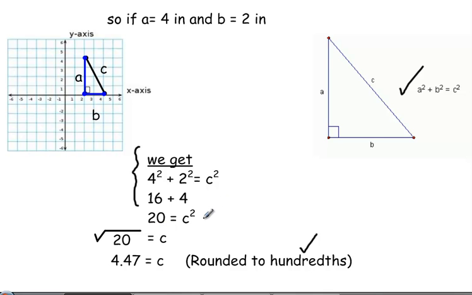So I wind up with C squared is equal to 20. When I take the square root of both sides of this equation, C is the square root of 20, and I wind up with C is approximately equal to 4.47 units. And that's rounded to hundredths. That's the degree of accuracy.